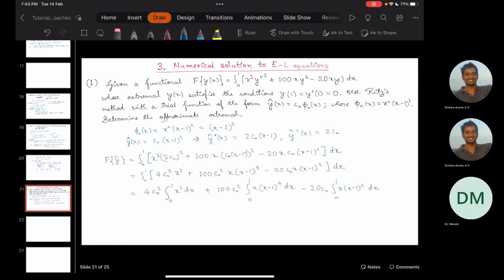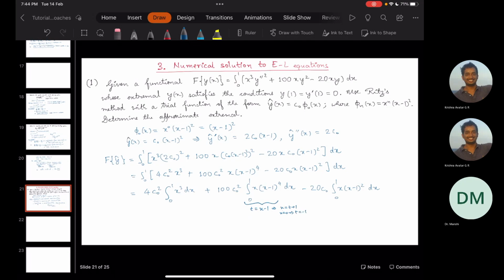So for the second and third expressions, let's make a substitution. Let's call t equal to x minus 1. This implies x is equal to t plus 1. When x is equal to 0, t is minus 1.